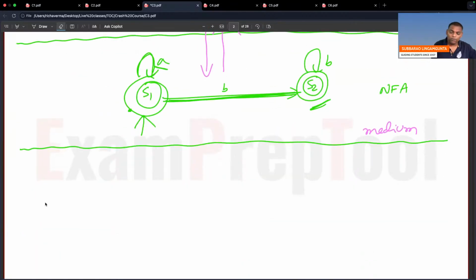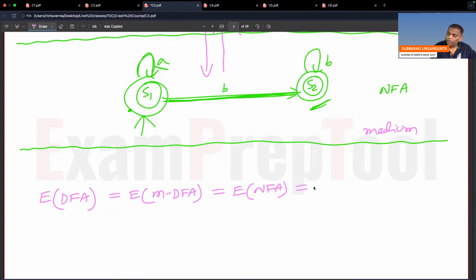Let me read now. Expressive power of DFA. This statement is very, very important. Expressive power of DFA. Expressive power of minimal DFA. Expressive power of NFA.